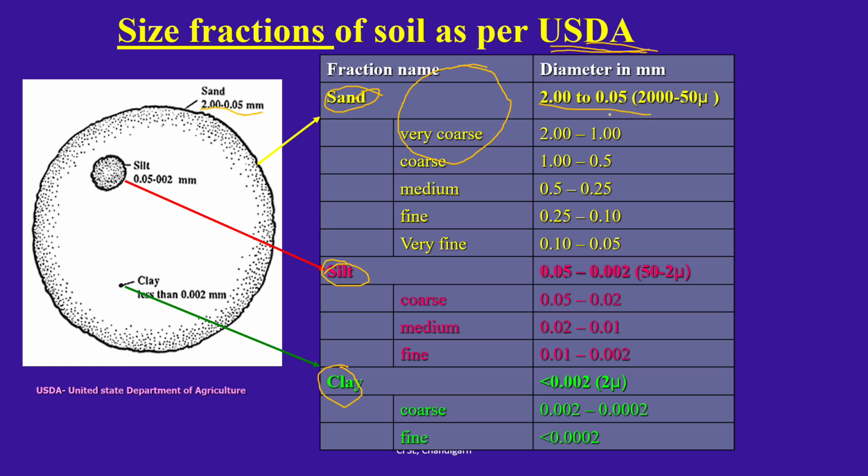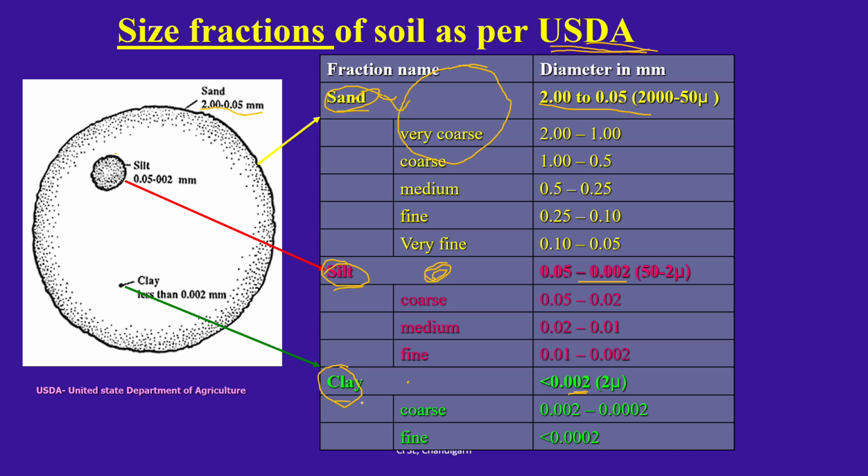The silt has a particle size of 0.05 to 0.002 mm, which is a very small size compared to sand. And clay particles are very small in diameter, 0.002 mm.